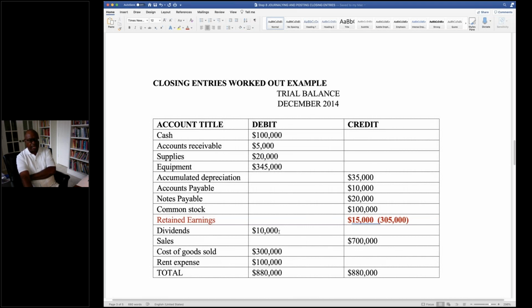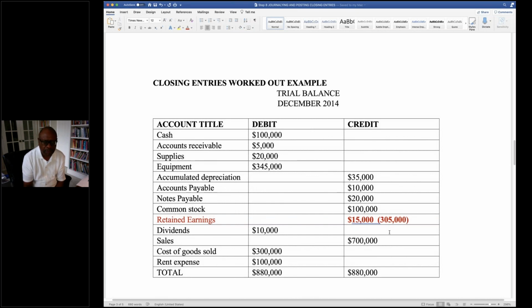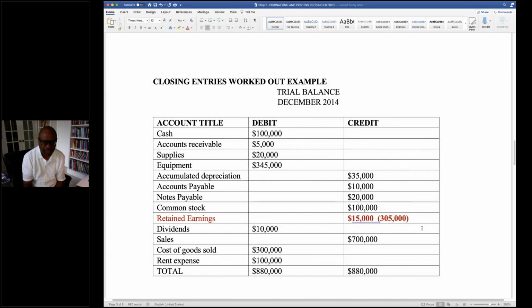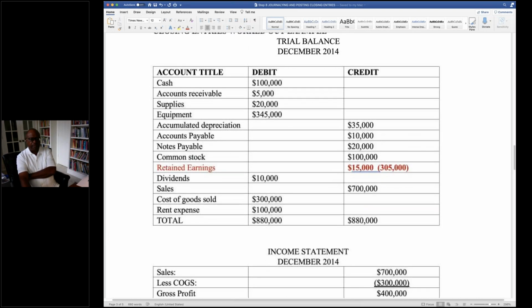But once we've done that, we have to close these accounts out so we can move to next year's financial statements. In this case, when we close them out, we want the retained earnings, based on this information, to be 305.